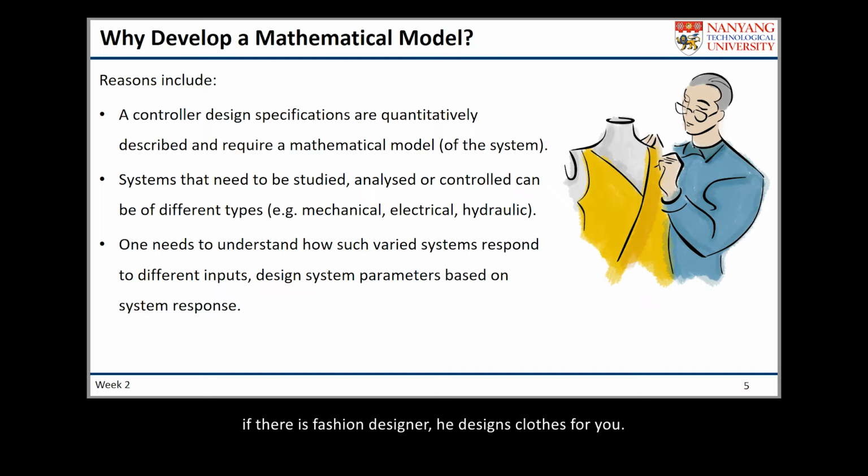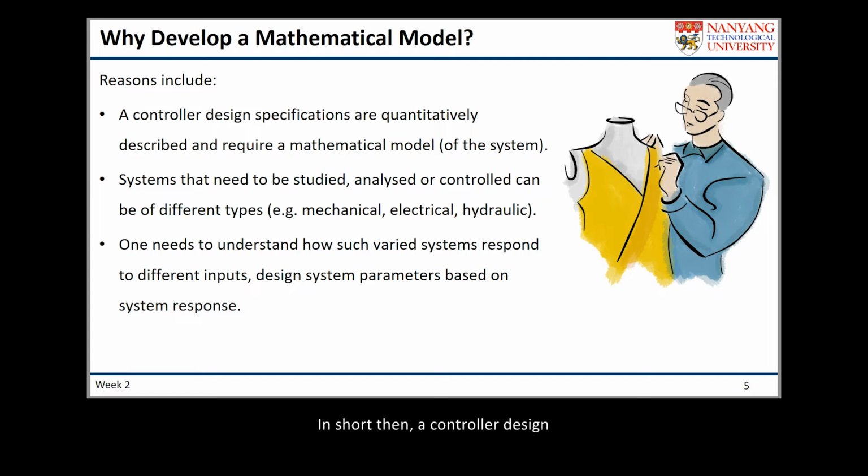If a fashion designer designs clothes for you, he or she needs a model of yourself, the length of the sleeve, any dimension of yourself, in order to design the fashion for you, right? Same thing here, a controller is unique to the system. So to help us as the controller designer, we also need to have the model of the system that we want to control.